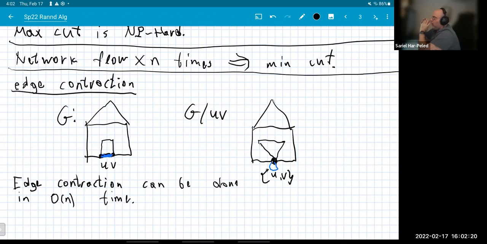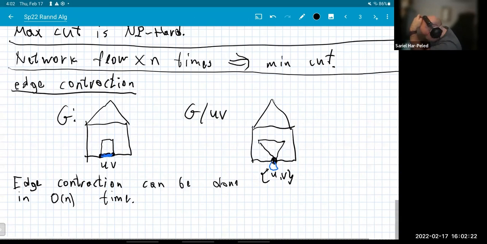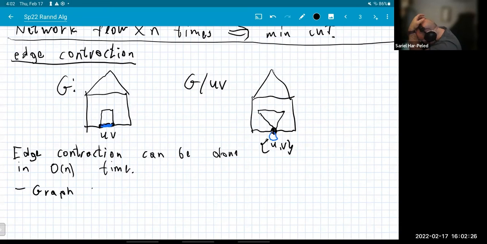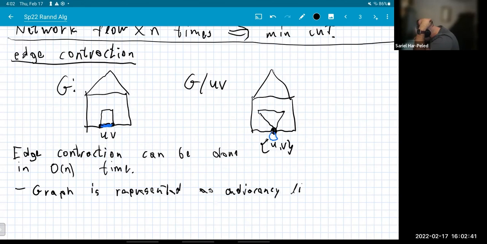So the graph is given as an adjacency list, right? Graph is represented as an adjacency list, which means that every vertex has the list of all its neighbors.